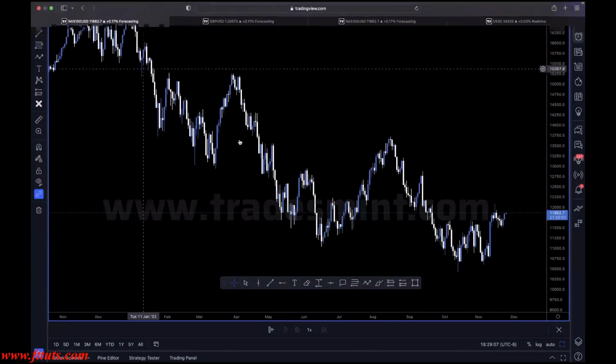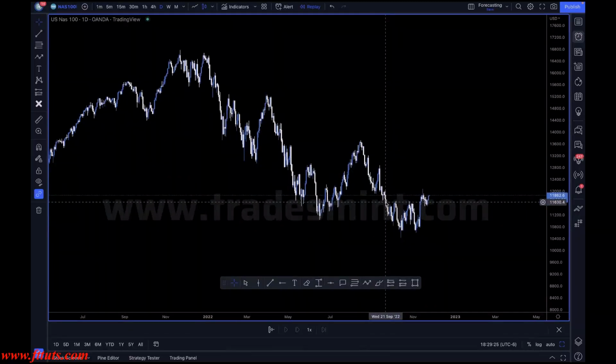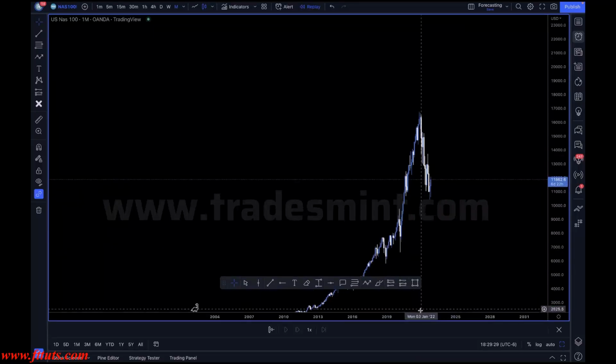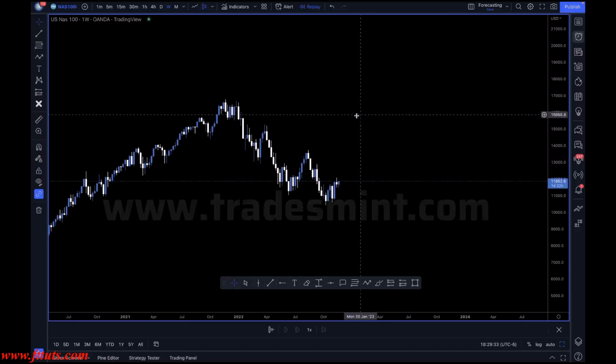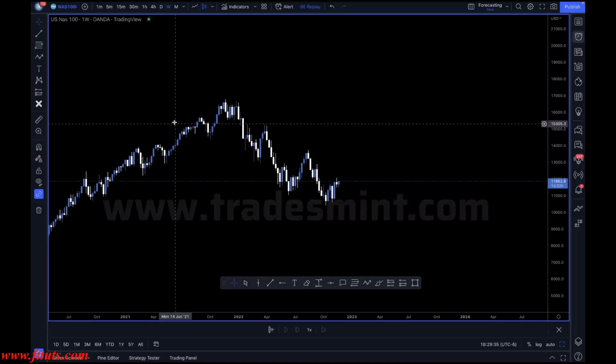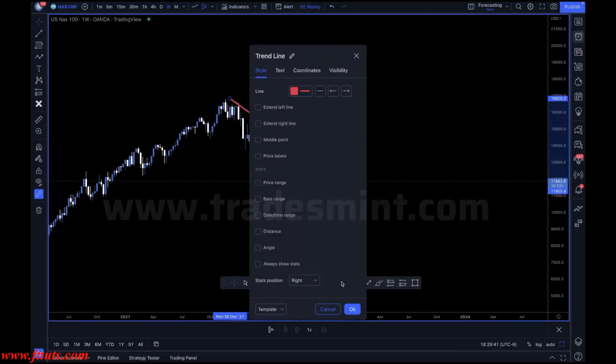If we see NAS 100 here, this used to confuse me. When I used to go to the monthly and the weekly, I would see that the trend is down on the weekly. That trend is too high for us to be trading from.